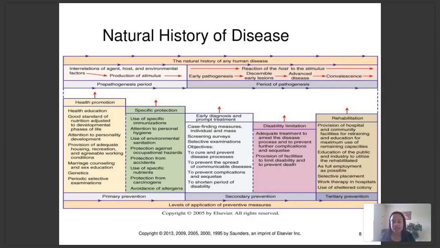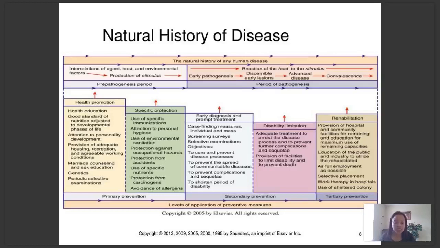Other things such as marriage counseling and sex education are things that you want to pay attention to, because disease processes occur in different environments as well. So you want to pay attention to those areas just as much as from an individual standpoint.